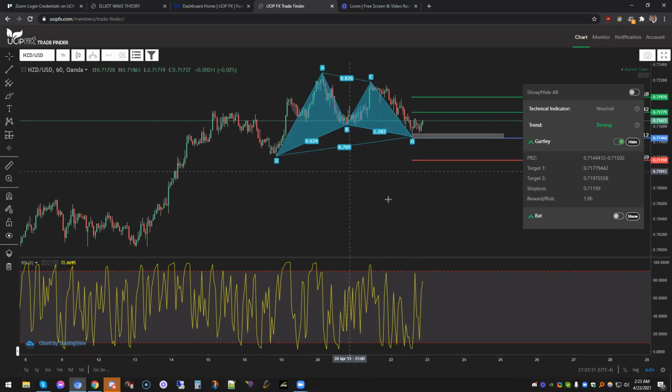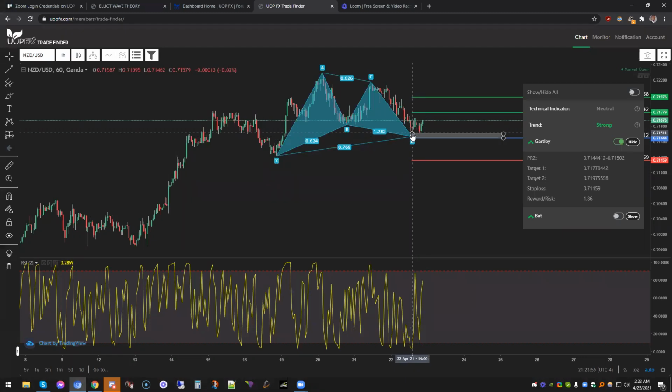If I were to get involved with this trade, I would be looking to get involved in the European session. I believe this is Eastern Standard Time that we're looking at here. So the time now is 21. Okay, yes, I think this is the time that we're looking at.